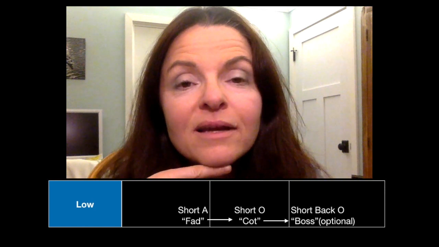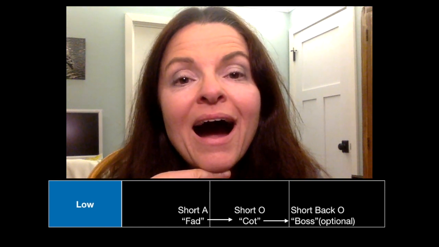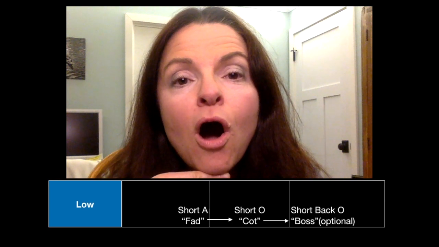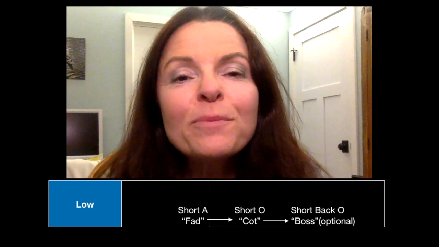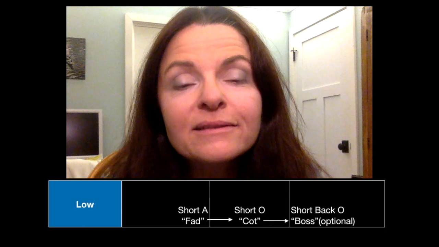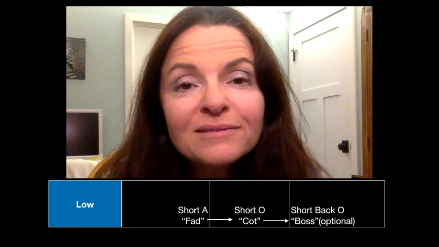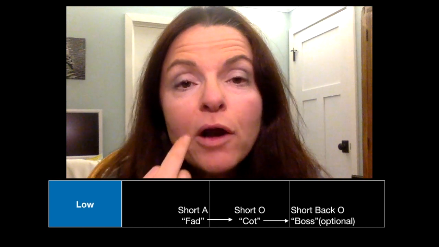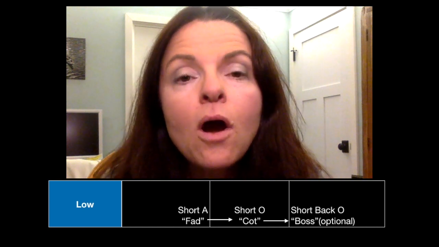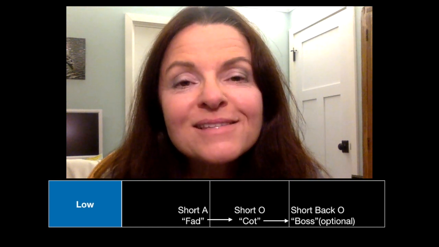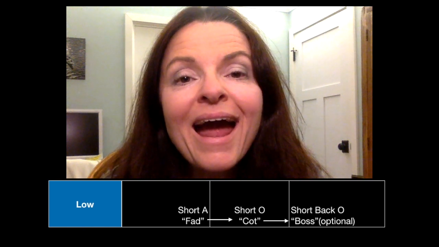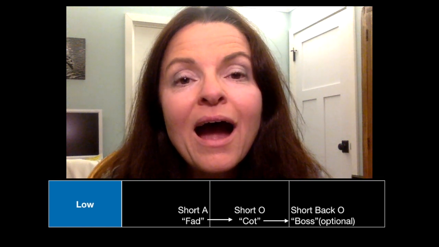So the short back O is just rounded. The tongue tip is lower than the back of the tongue, and the lips are oval shaped.